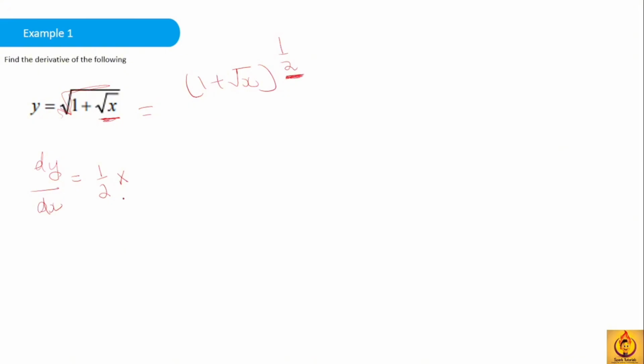It's going to be 1 over 2 multiplied by our f of x as it is to the power 1 over 2 minus 1, right? Multiplied by the derivative of the function. We have this function, which can be expressed as 1 plus x to the power half. We need to find its derivative.